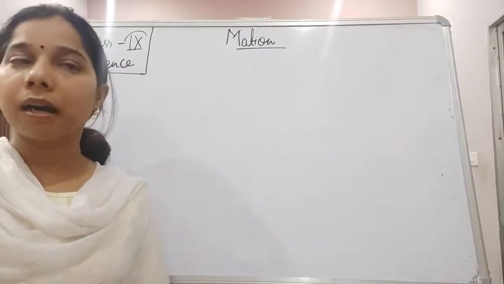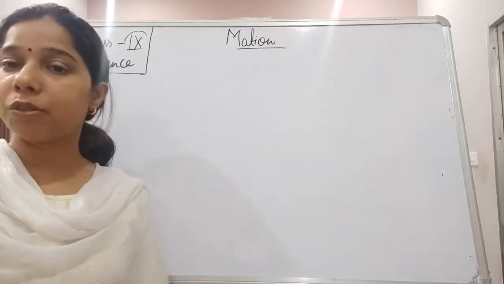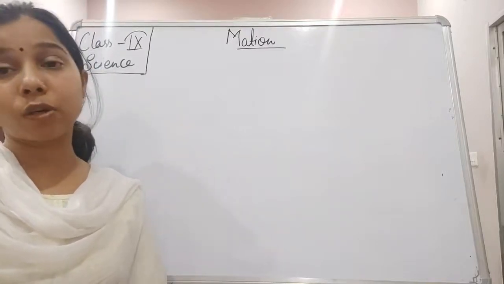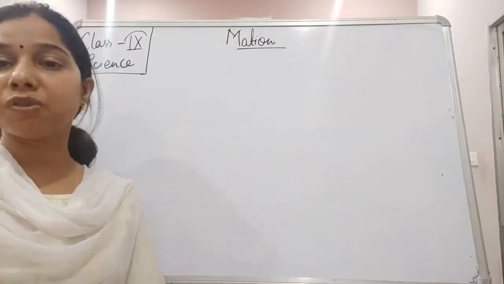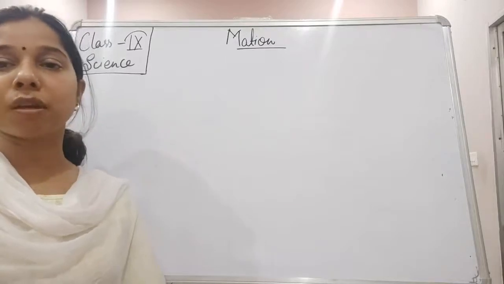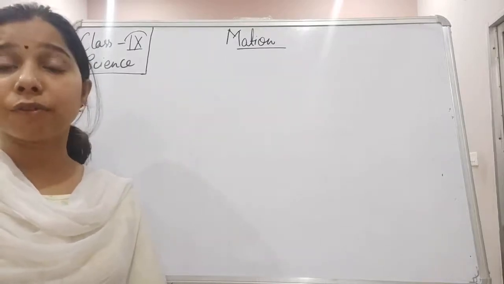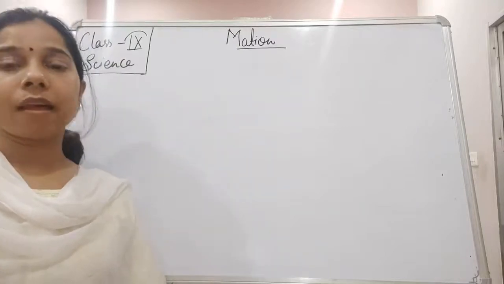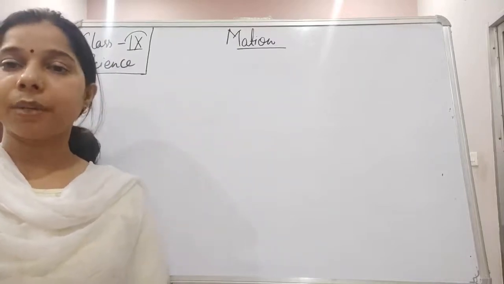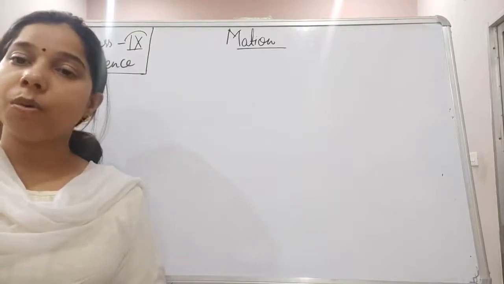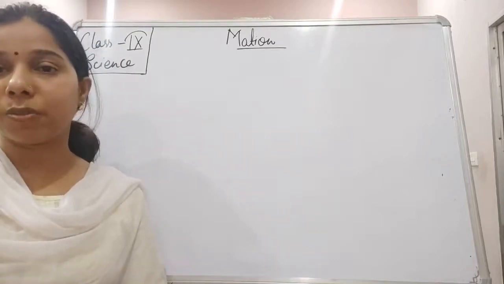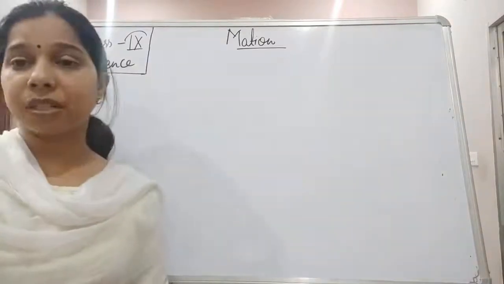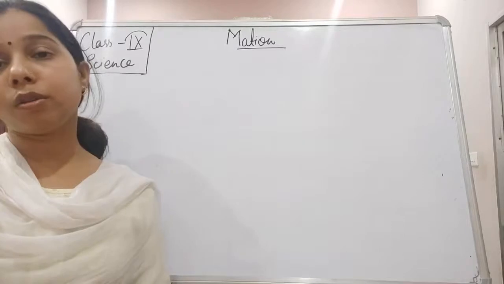Here a force which acts towards the center, from the center to the stone, is called the centripetal force. And another force is also there, called the centrifugal force, which helps in balancing. But basically when it moves, the velocity keeps on changing, making the motion an accelerated motion.